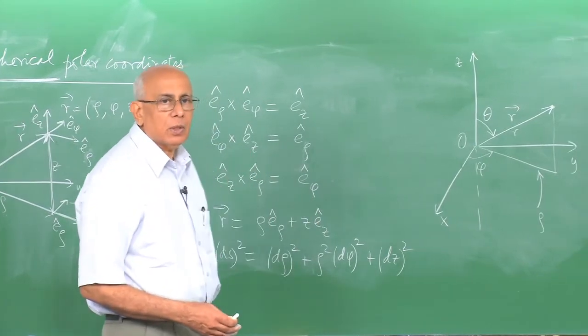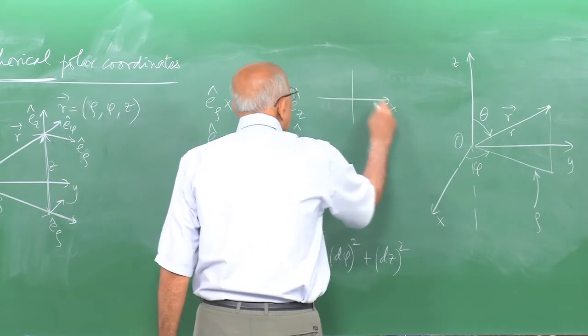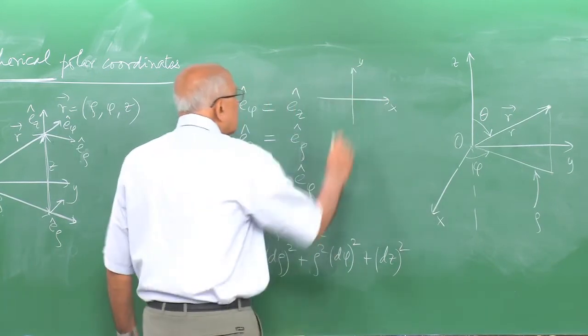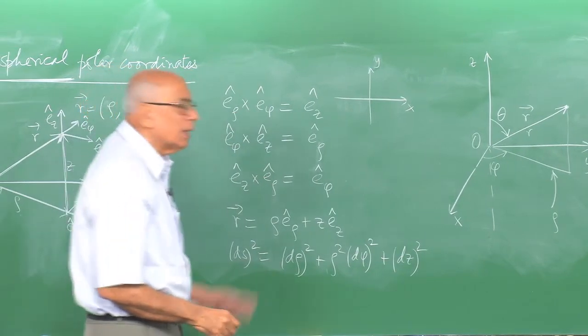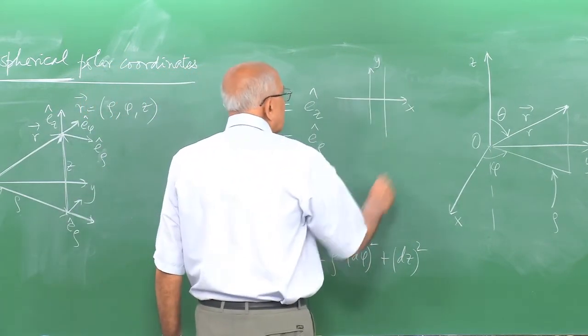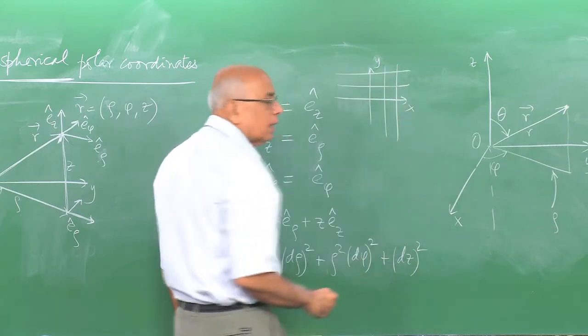Okay. Now it's convenient to picture these things in terms of what it means when one of these coordinates is constant. In the case of the plane, here's x and here's y. In the planar case, if I say x is constant, like 2, that's a line. X is 3 is here, y is 1 is here, y is 2 is out there, and so on.